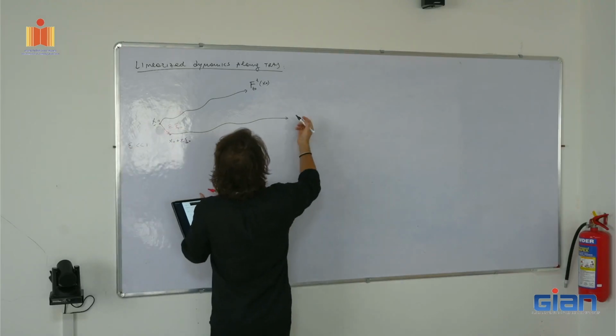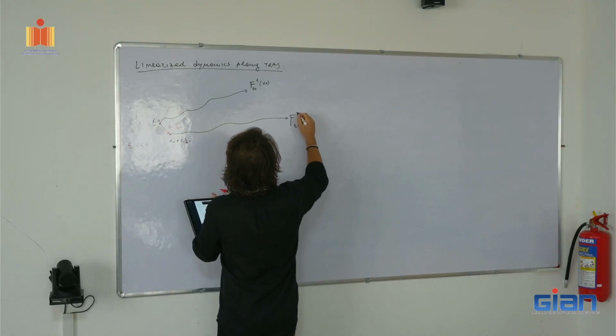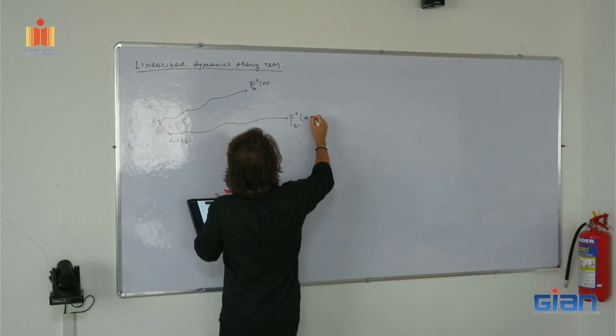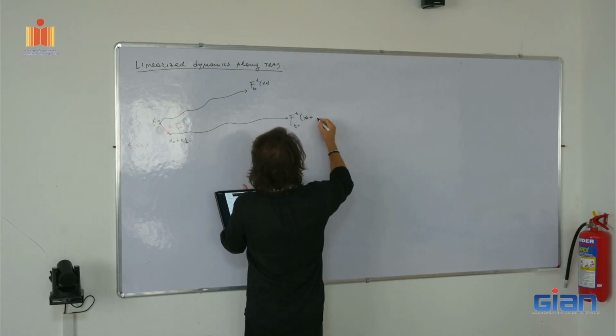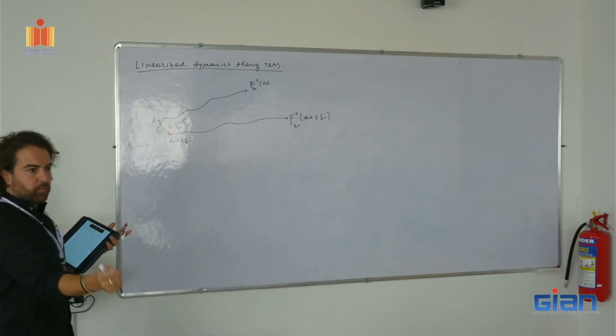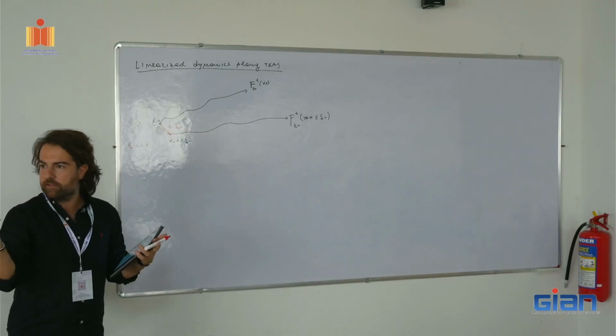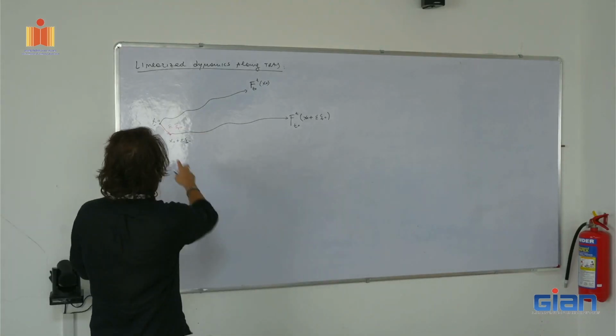And this one is going to be f t0 t of x0 plus epsilon zeta 0. Zeta 0 allows me to pick a different orientation, and epsilon sets how far I start from.